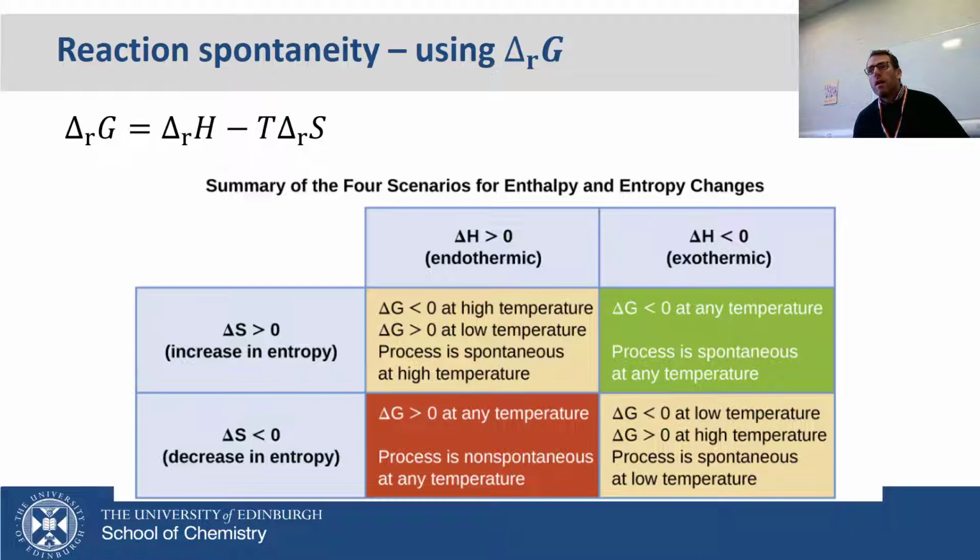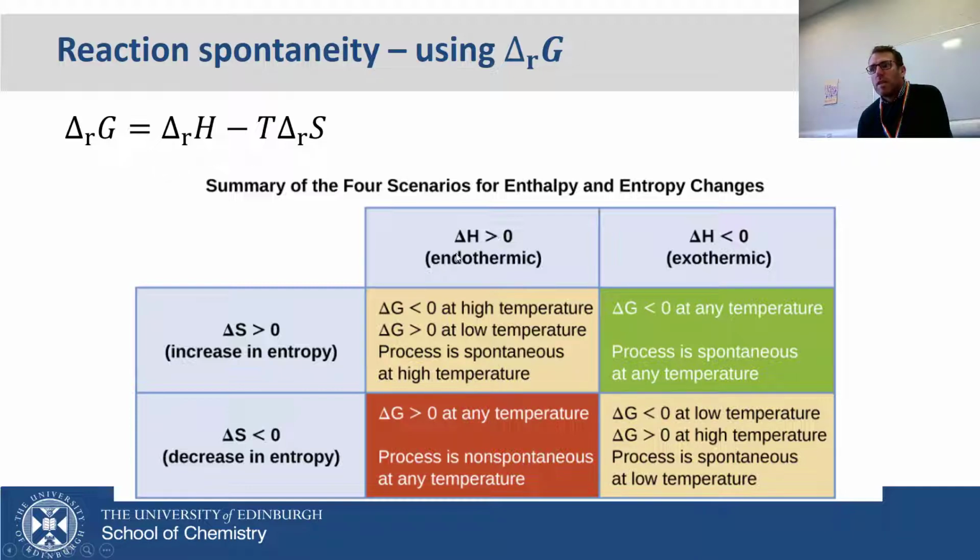Whereas we can have situations where, at large enough delta S values, in other words, if the second law really drives this reaction forward, we will get a large enough minus T delta S value to overwhelm the enthalpy considerations and make this overall bit negative.